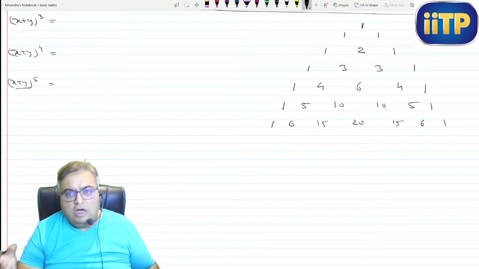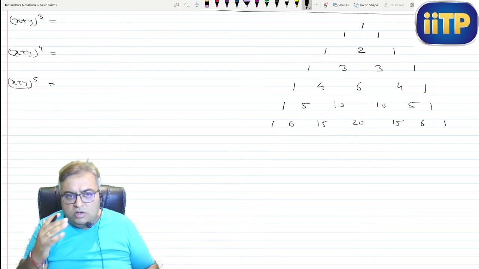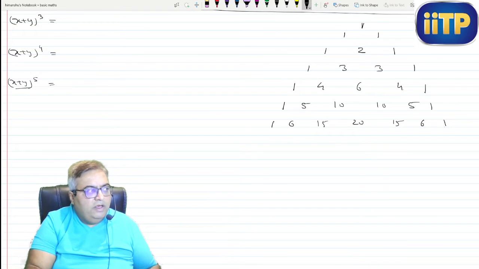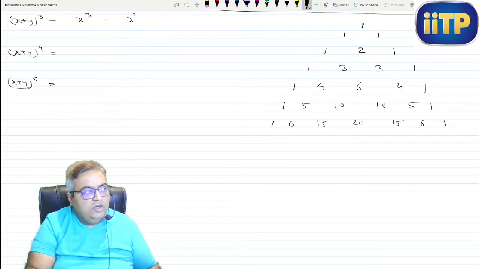Now you will say, how are you going to use it? In order to use it, first of all, simply write it like this: x cube plus x square y plus x y square plus y cube.